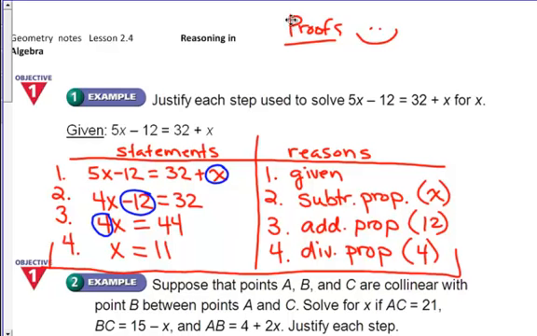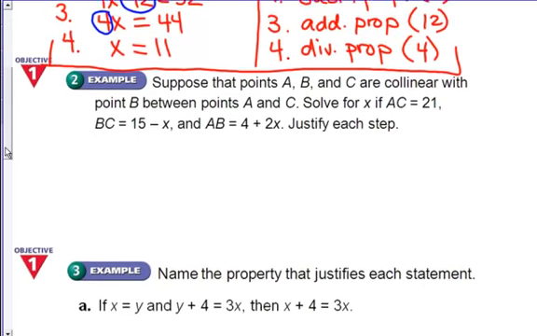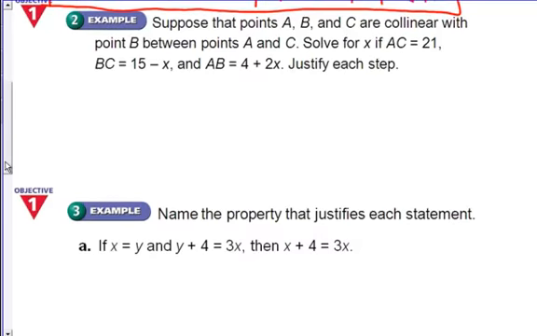All right, let's apply that to geometry. Suppose that points A, B, and C are collinear with point B between points A and C. I need to draw a picture of this. So we're going to first draw a picture. I'm going to draw it right here on the side. Collinear means they're on the same line. I have 3 points.